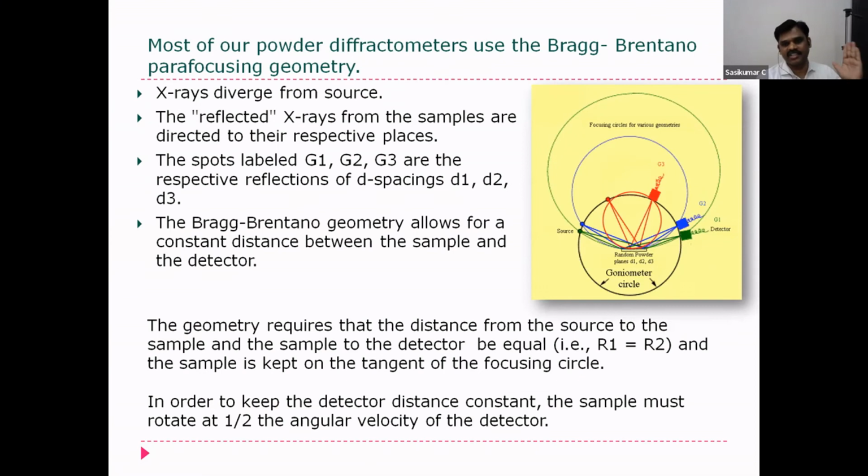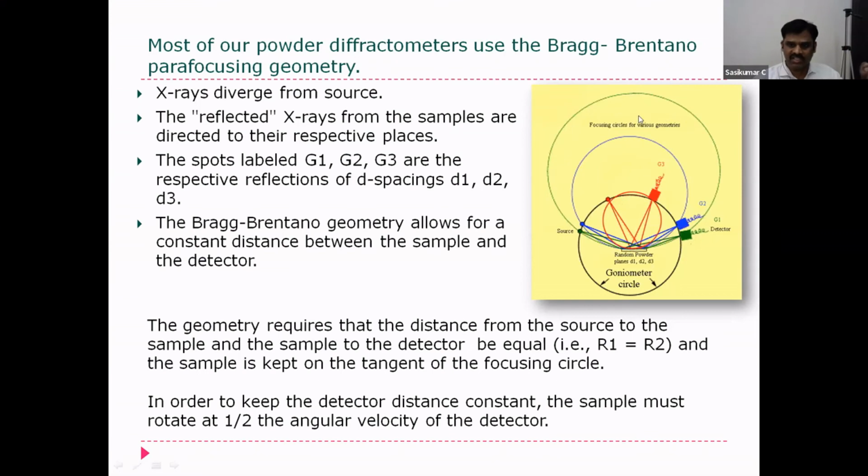Their d-spacings are d1, d2, d3, and when they are diffracting, the diffraction will be focused on the circle. You can see the red circle for d1 spacing, d2 spacing, and d3 spacing.